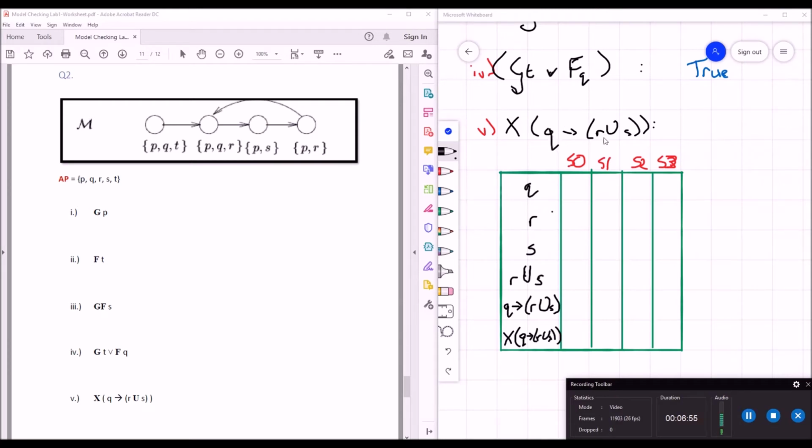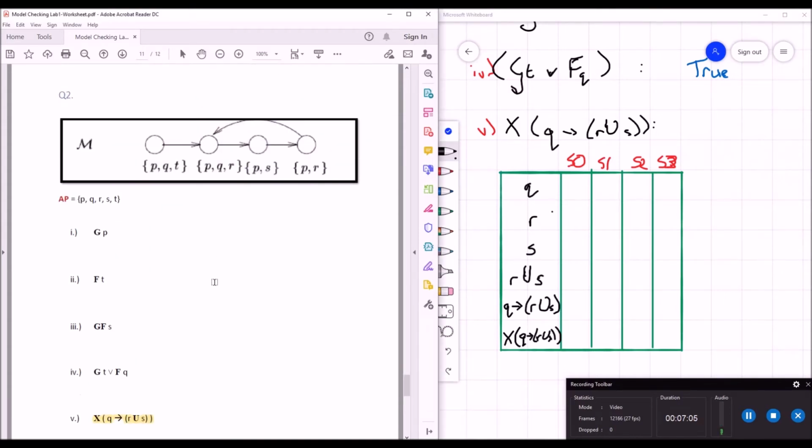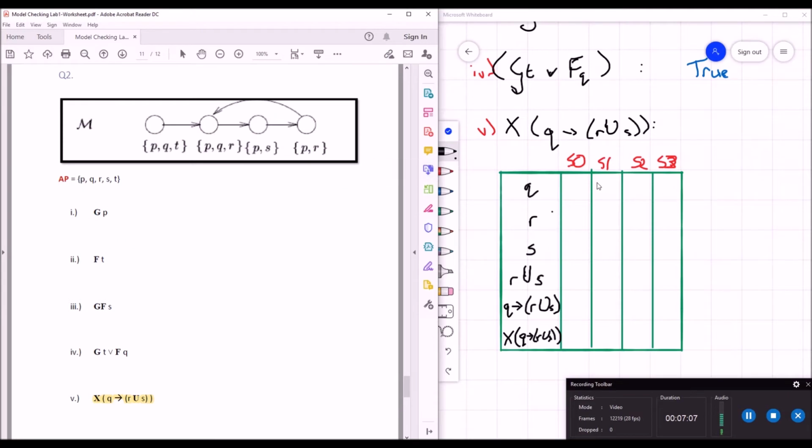We have Q, R, and S. So this is the formula we're working on. And here is our model. So let's say this is state 0, this is state 1, this is state 2, this is state 3. So 0, 1, 2, 3, and 3 goes back to 1 in this transition.